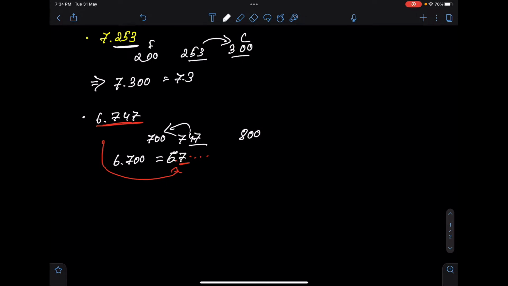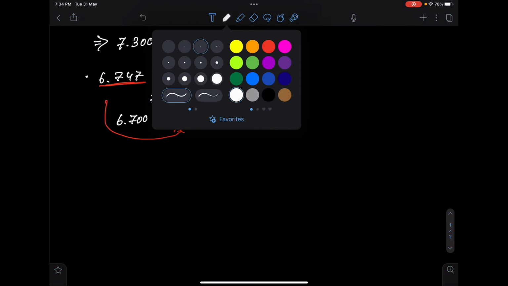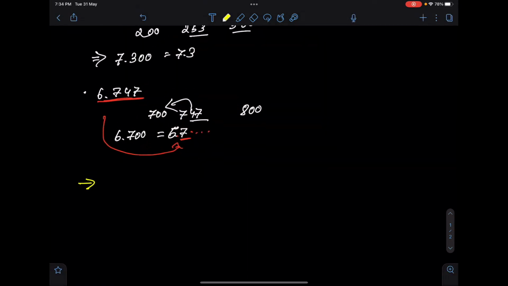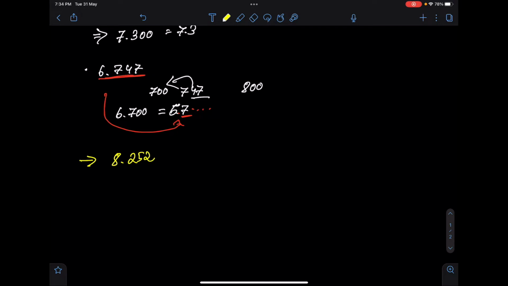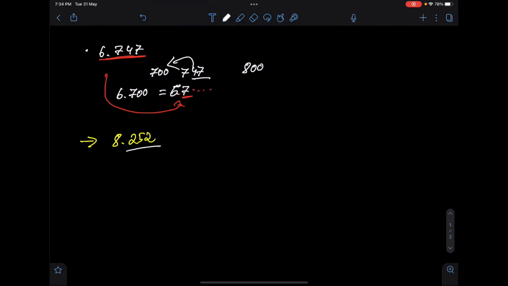Okay, what we will do now is how to round it off to the nearest 10th. It is somewhat like if we have an example of 8.252. We'll have to round it off to the nearest 10th. What do we do here? We'll take the numbers after the decimal point, that is 252. Nearest 10th, you guys know what the rule is.